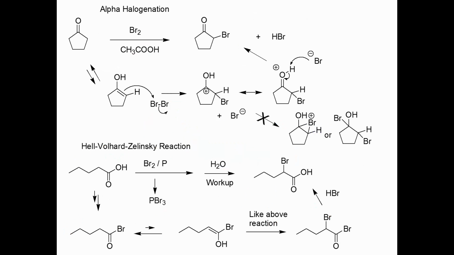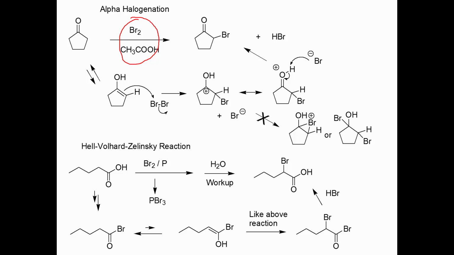All right, so let's look at one of the fundamentally important acid-catalyzed reactions, and that is alpha halogenation. Okay, so it's common that we would treat a ketone, or these are the common conditions here. We would use acetic acid as solvent and just the halogen present dissolved in acetic acid.